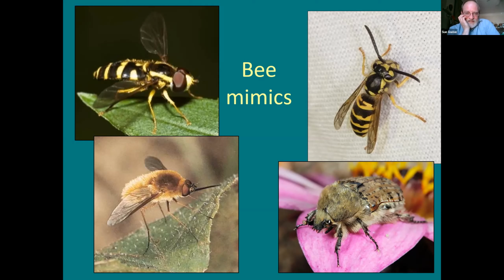Some bee mimics include the syrphid or hover or flower flies, like on the upper left. That's a wasp at the lower right, and I'll show some characteristics here. So I think you'll be able to see my arrow dancing around here. Look at the eyes of this fly and how big and forward facing they are. Sometimes with males, they even touch in the center, as opposed to the eyes of the Hymenoptera.